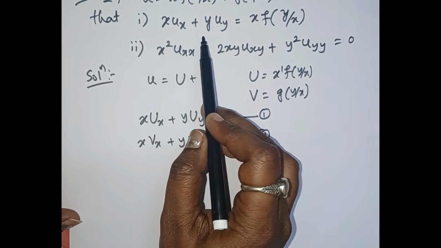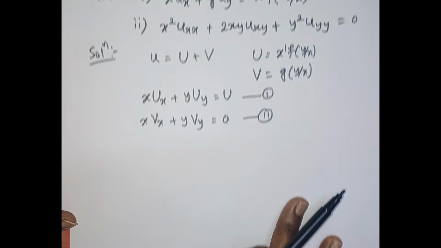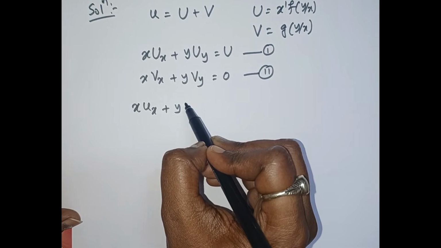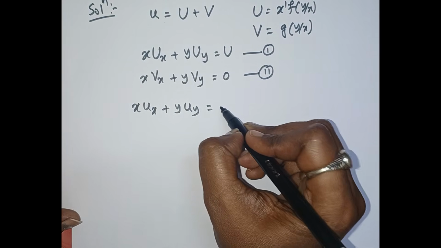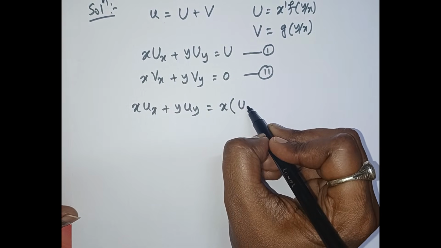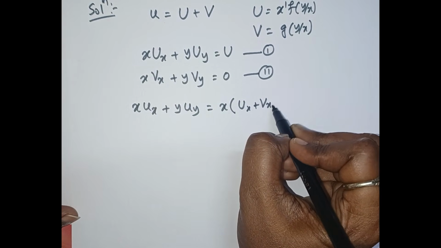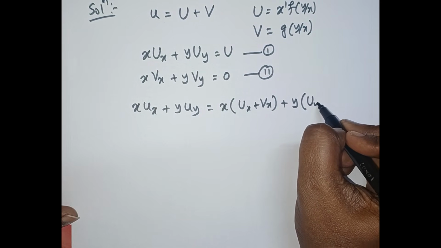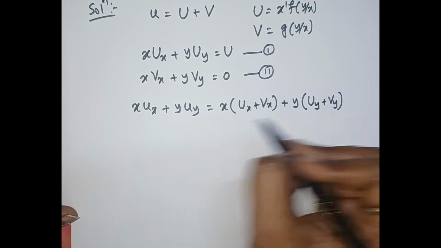Now we have to calculate x u_x plus y u_y. So x u_x plus y u_y equals, since u equals capital U plus V, we can write x into capital U_x plus capital V_x plus y into capital U_y plus capital V_y.